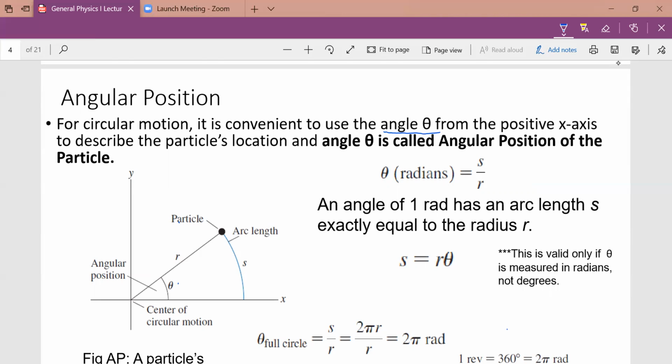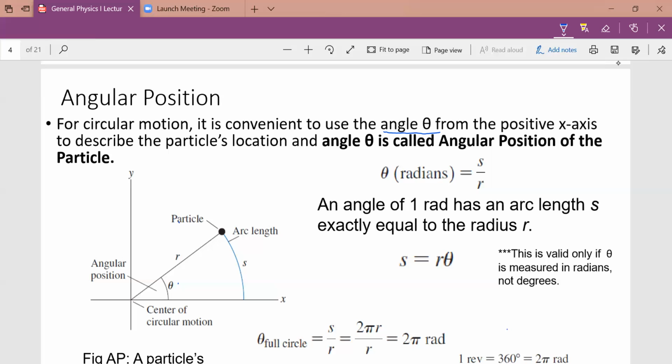In other cases, like in the plane, we use just the coordinates or the axis to describe the position.